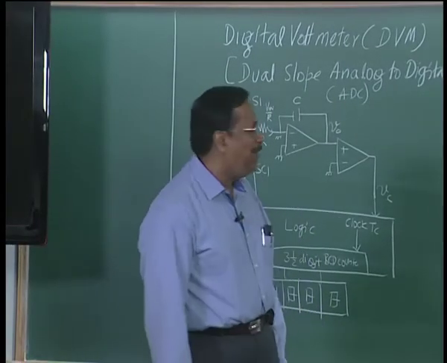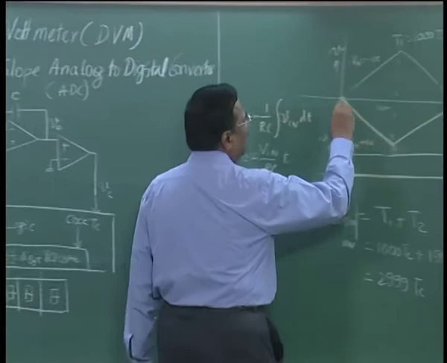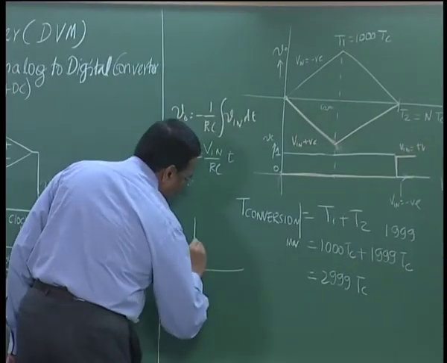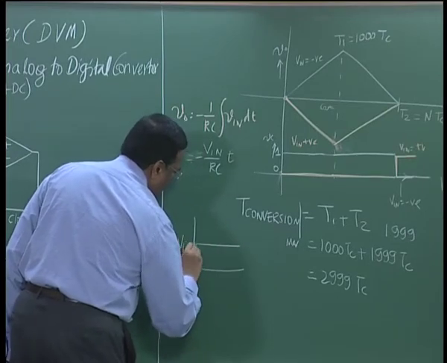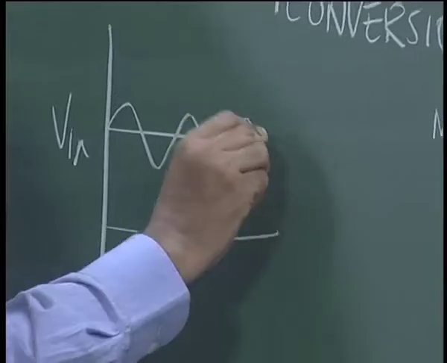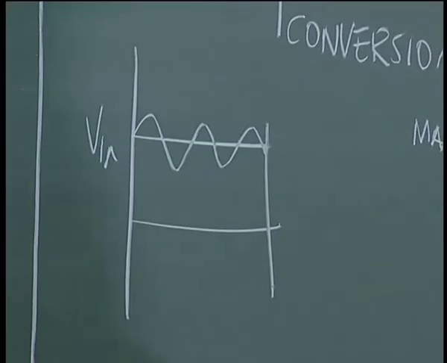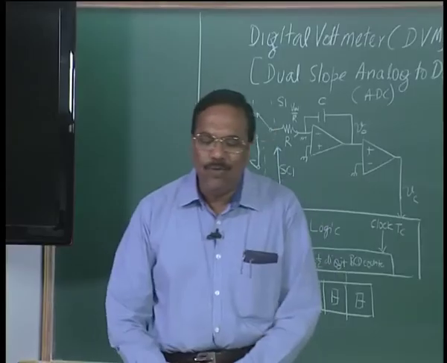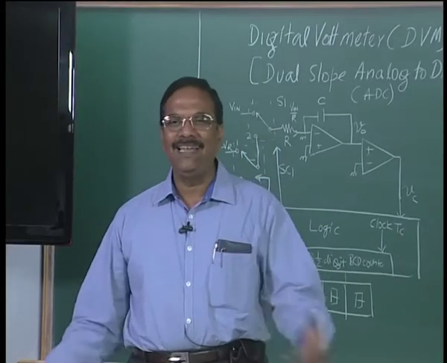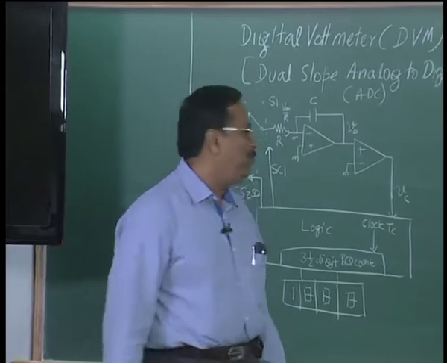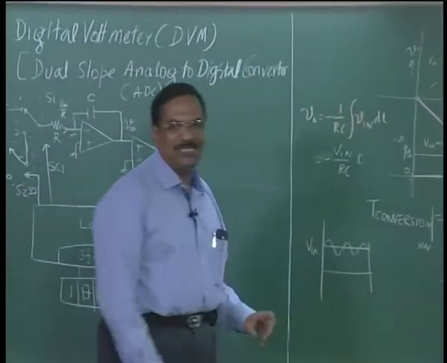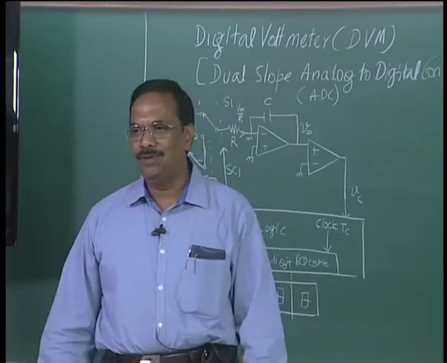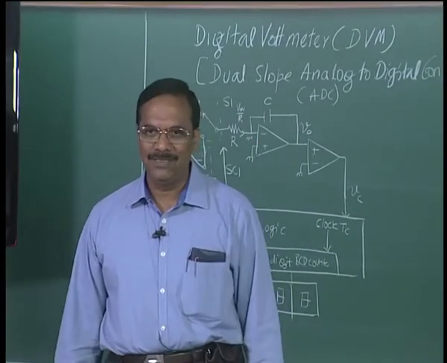So instead of having my Vin as a constant, I will have a small voltage riding on it. If I am measuring volts, this would be very small and we can neglect it. Let us say I am going to use this to measure millivolts, the power frequency interference would be appreciable, because that also would be about a millivolt.